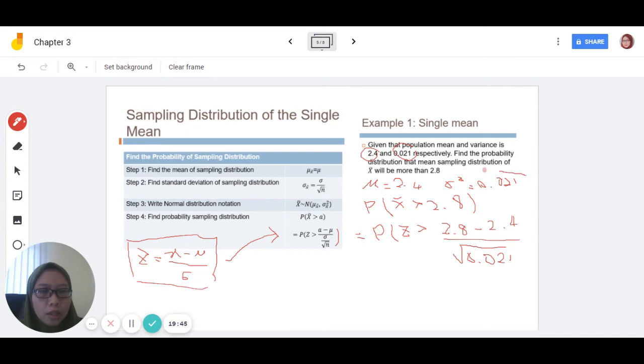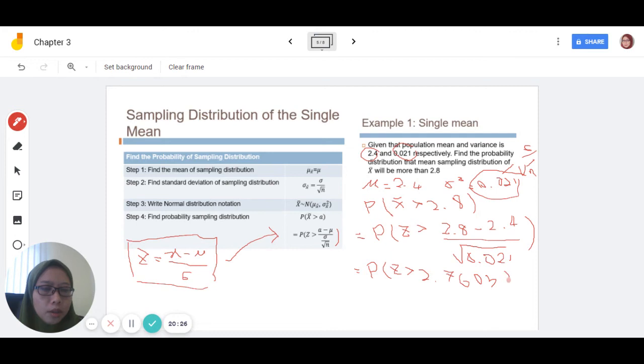Okay, this is already calculated using sigma divided by square root of n previously. So you can just square root of this, and then you get the p of the z value is more than 2.7603.